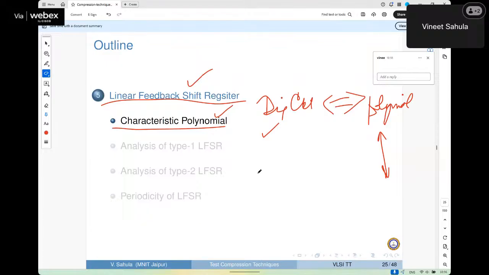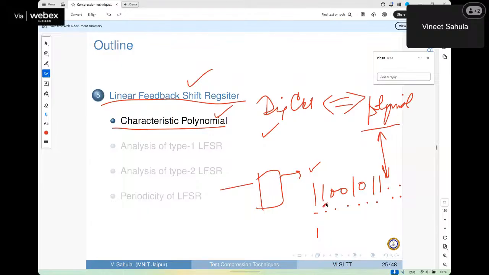Now, if I take the output of any flip-flop here, the serial output, I need to represent this output bit pattern also as a polynomial. So I will place them as some delayed kind of thing. They are time delayed, no? Time delayed. So the first one I take as MSB. So this could be 1.